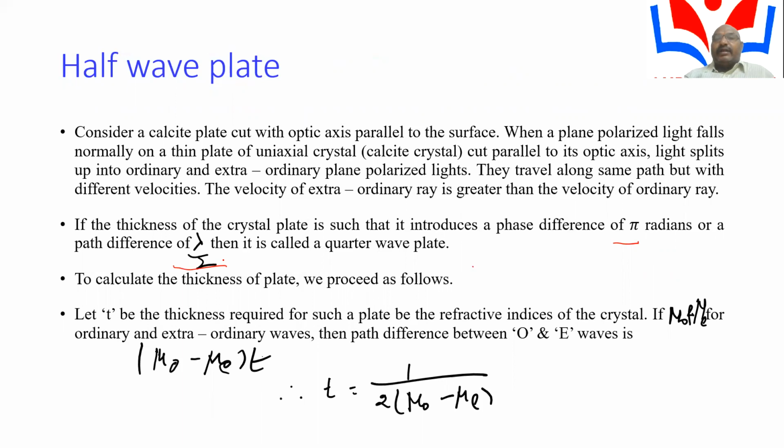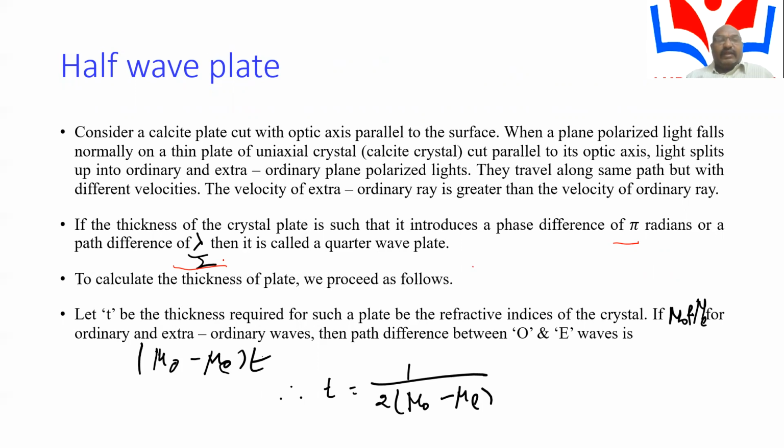When plane polarized light falls normally on the plate of uniaxial crystal cut parallel to the optic axis, the light splits into ordinary and extraordinary polarized rays. They travel along the same path but with different velocities. The velocity of the extraordinary ray is greater than the velocity of the ordinary ray.